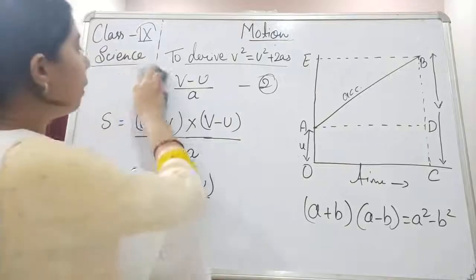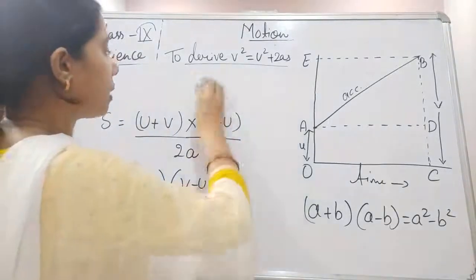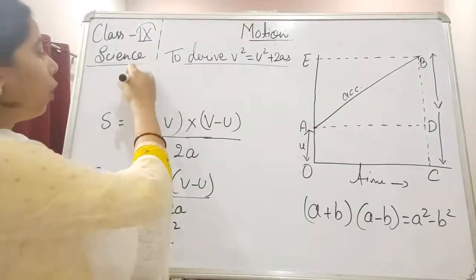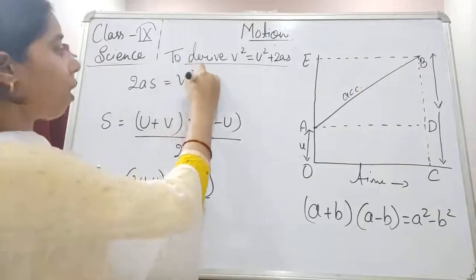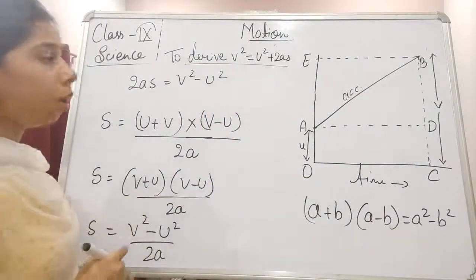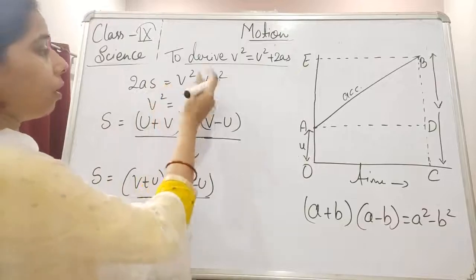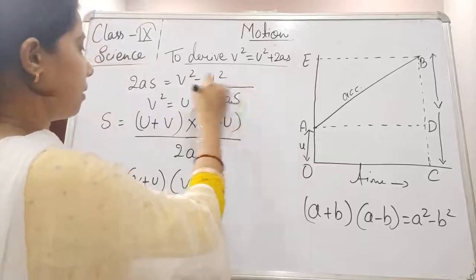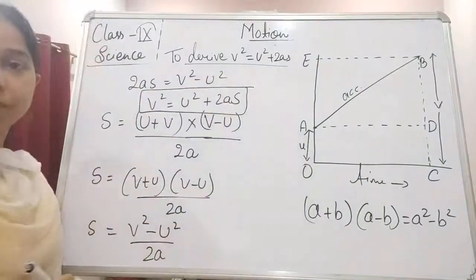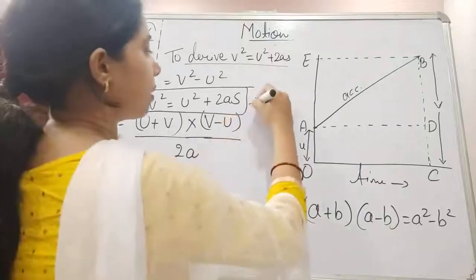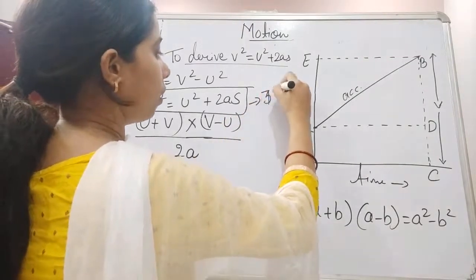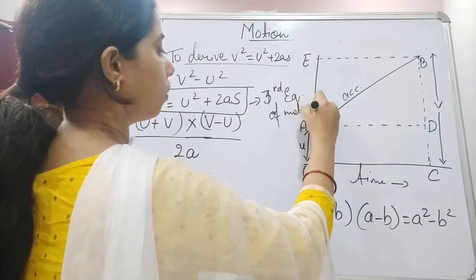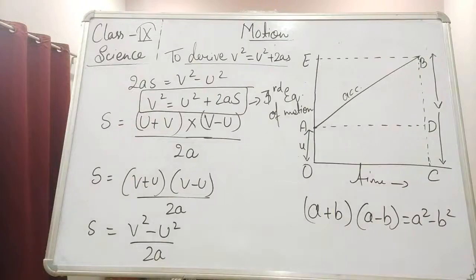And finally, this 2a comes to this side and it becomes 2aS is equal to v square minus u square, or v square is equal to, this minus u square comes to this side, and it becomes u square plus 2aS. This is, student, the third equation of motion. Third equation of motion.